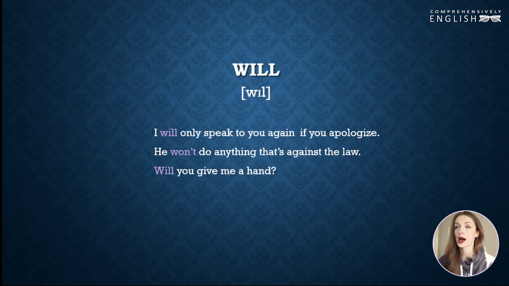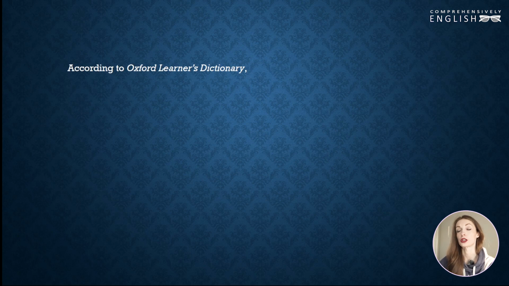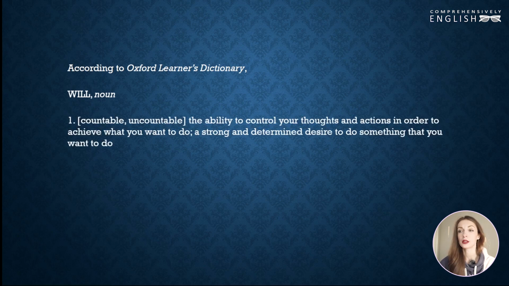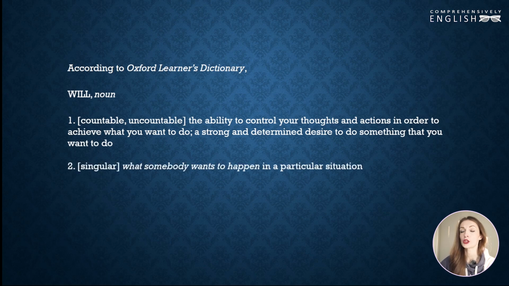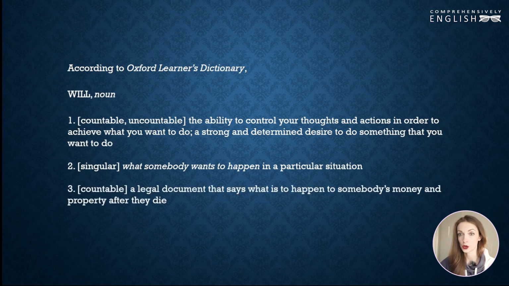Before we continue, I want to draw your attention to the entry of Oxford Learner's Dictionary about the noun will. Will as a noun means the ability to control thoughts and actions in order to achieve what you want to do, a strong and determined desire to do something that you want to do. It also means something what somebody wants to happen in a particular situation.